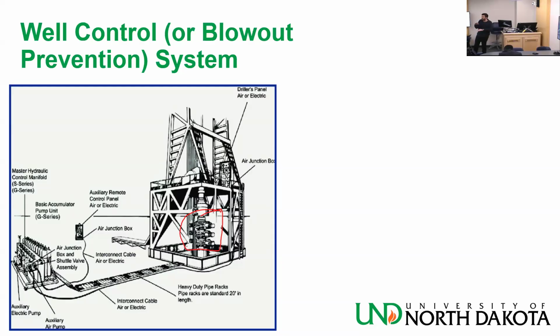You can arrange them any way you want. And obviously, you're not going to do it randomly. You are going to do it with advice from whoever sells you the BOP. The first BOP was invented in the 20s by Cameron and Abercrombie. Cameron, of the Cameron that SLB owns now, I think.